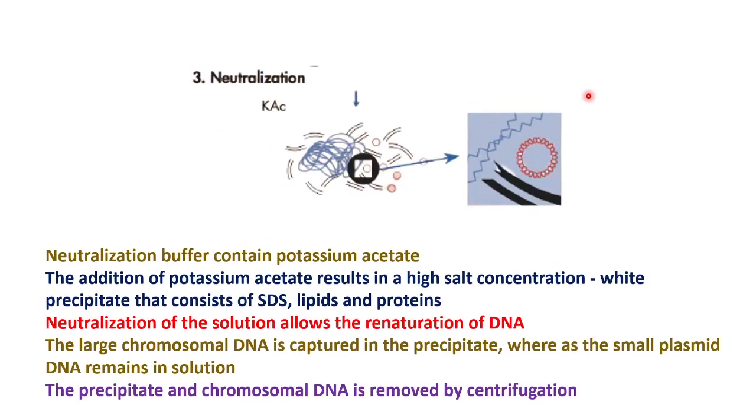So we have lysed the cells and denatured the DNA, genomic DNA as well as plasmid DNA, and the protein. Then we add the neutralization buffer, which contains potassium acetate. What is the role of potassium acetate? It neutralizes. The addition of potassium acetate results in a high salt concentration, and it neutralizes the pH.